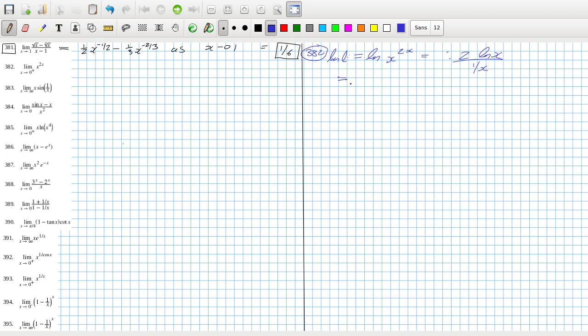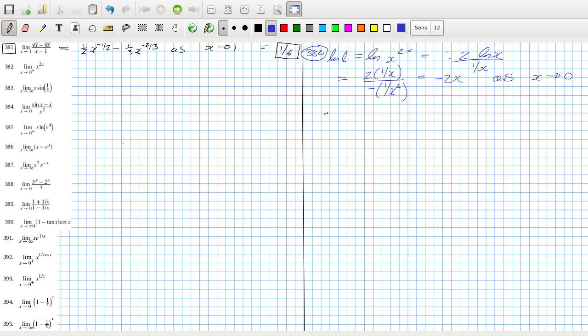So that would be 1 over x times minus 1 over x squared. So multiply above and below by x squared, and we get minus 2x. And this, of course, is all as x goes to 0.